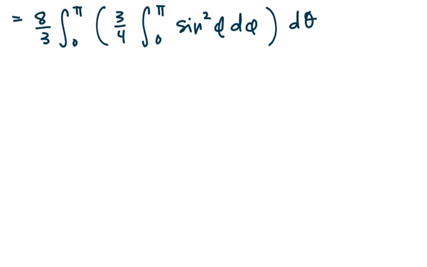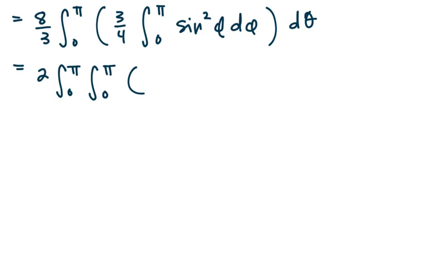Now that we need to integrate sine squared phi, this is where we use a reduction formula again. I'll go ahead and pull that 3/4 out, which gives me 2, 0 to pi, and then I've got 0 to pi.